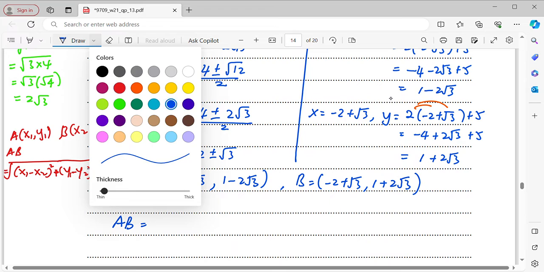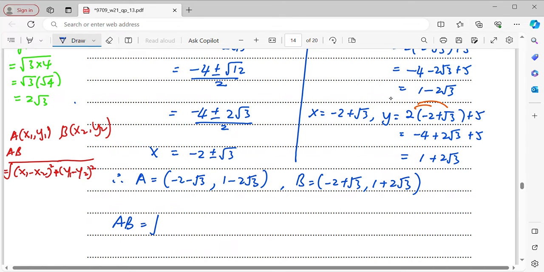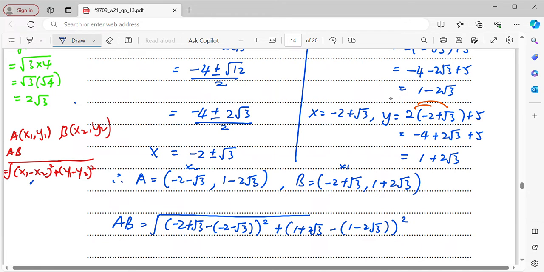So now I will be getting the square root of (minus 2 plus square root 3) minus (negative 2 minus square root 3), squared. This is my x1, this is my x2, plus (1 plus 2 square root 3) minus (1 minus 2 square root 3), squared.